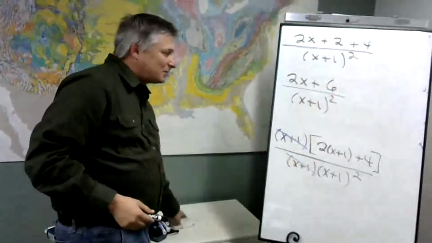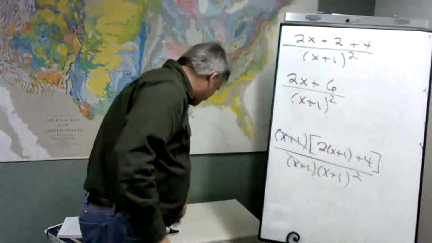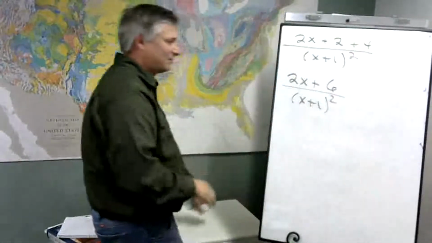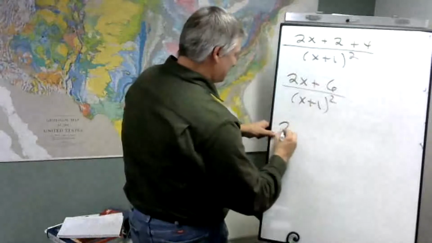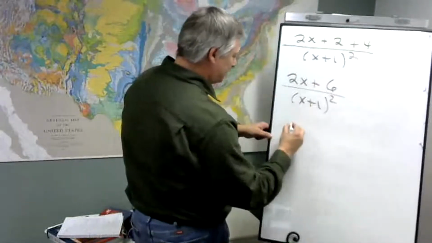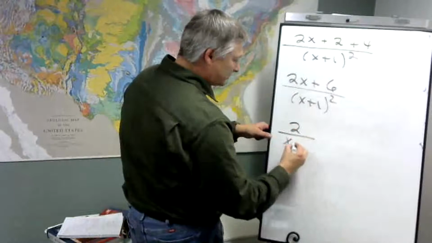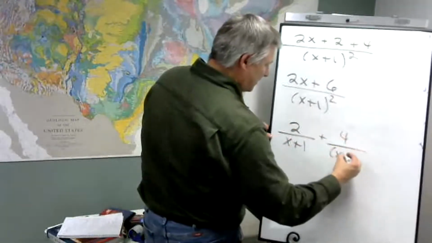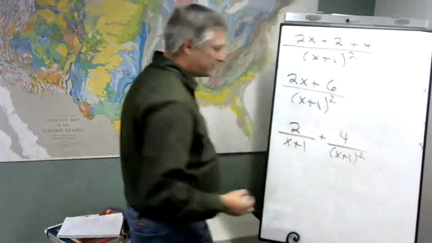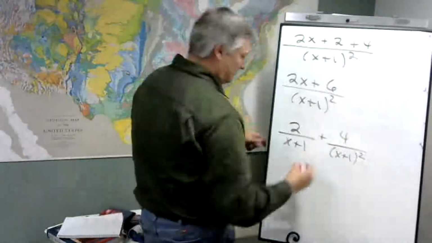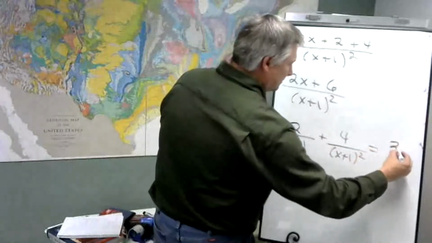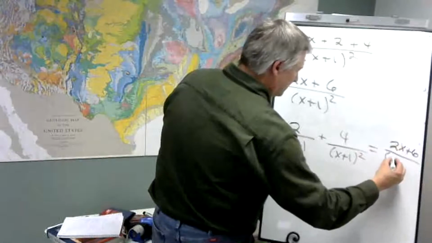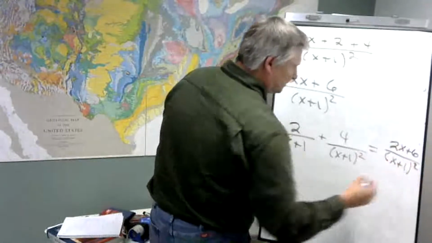So what does this actually mean for us? Well, what it means is this. If you think about what we started out with, we had 2 over x plus 1 plus 4 over x plus 1 squared. And this was now equal to 2x plus 6 over x plus 1 squared.